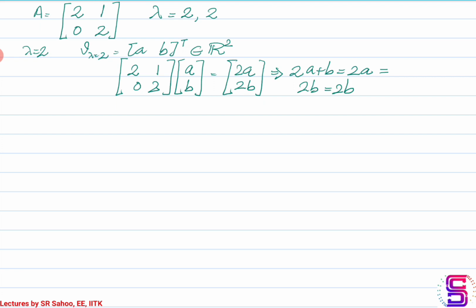The first equation, if I solve it, gives me that b has to be equal to 0. So from this set of simultaneous equations, we can only conclude that b is equal to 0. So the eigenvector in this case is anything with a being a non-zero real number and the second component of the eigenvector being compulsorily 0. For simplicity, I'll choose a to be equal to 1, thus selecting my eigenvector as 1 0.